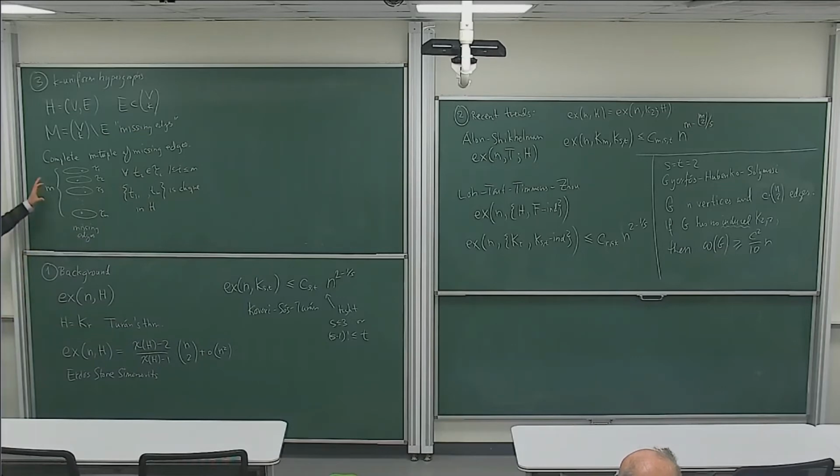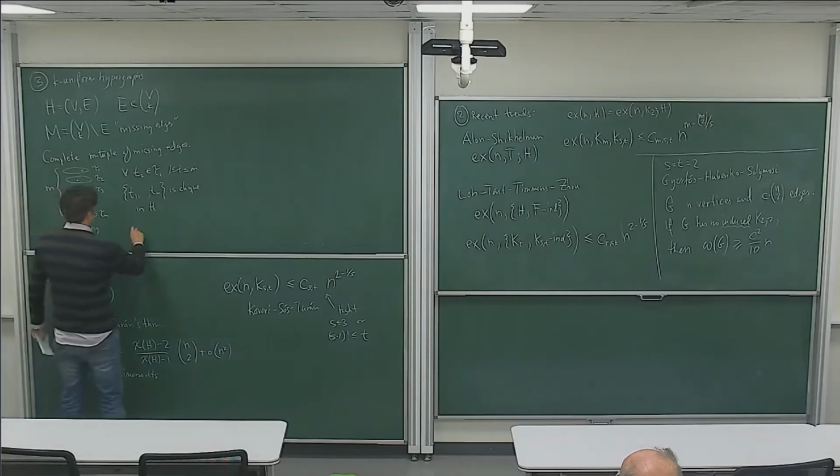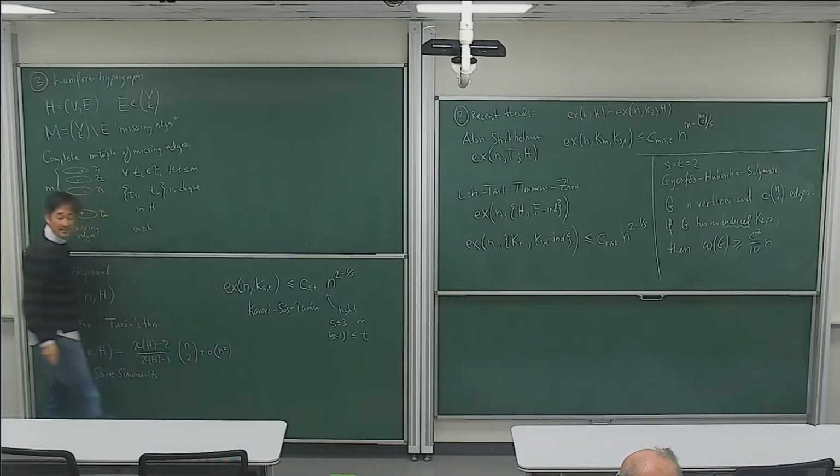I'm defining what a complete M-tuple of missing edges is. You take K guys, not an edge. Another K guys, disjoint, not an edge. Another K guys, not an edge. You take M of those. And any choice of K from distinct ones should be an edge. That I will call a complete M-tuple of missing edges. Of course, M is at least K.